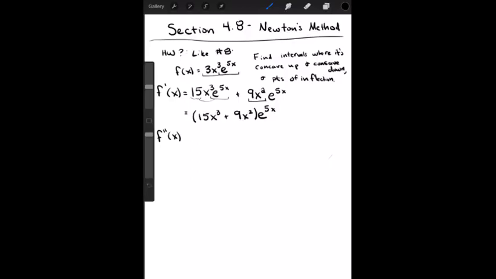So finding the second derivative, I'm using the product rule again. I've got this guy multiplied by this guy. So the derivative of the first, derivative of the second times the first, plus the derivative of the first times the second.